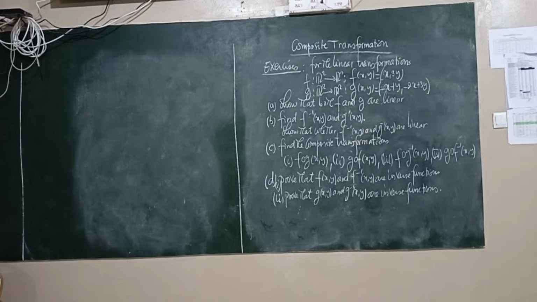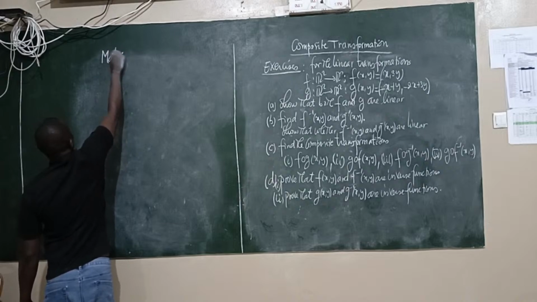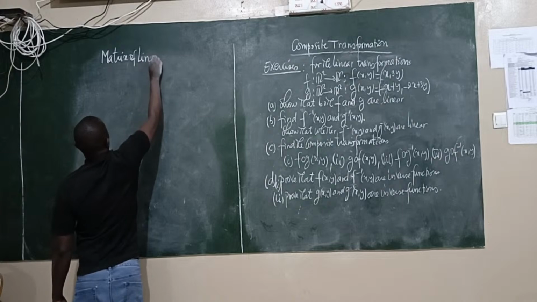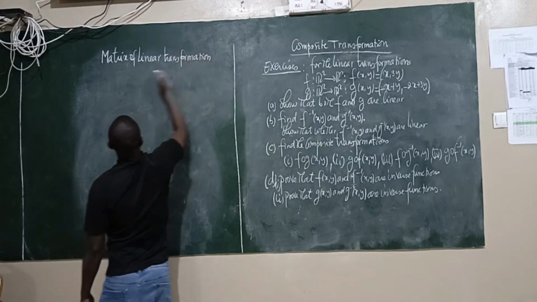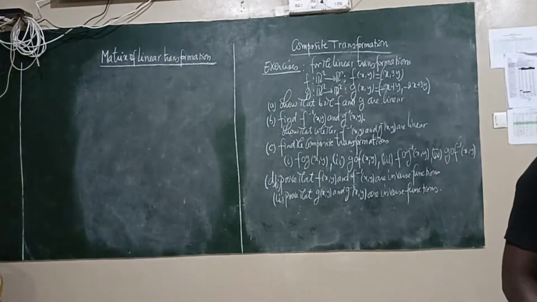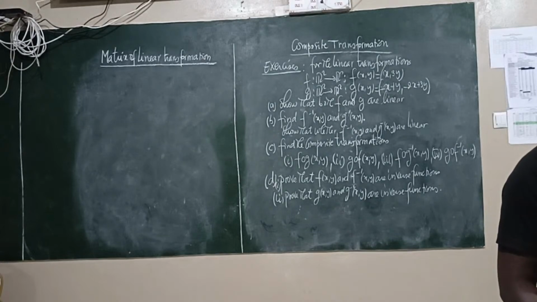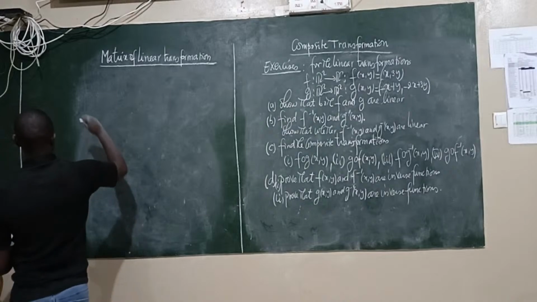A matrix of a linear transformation. Let me have a definition.